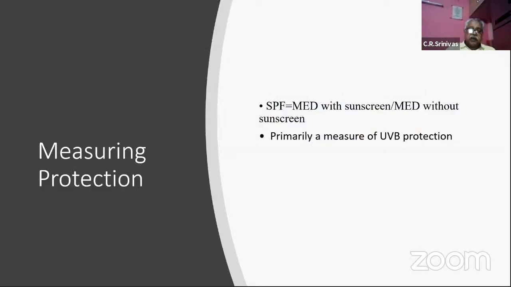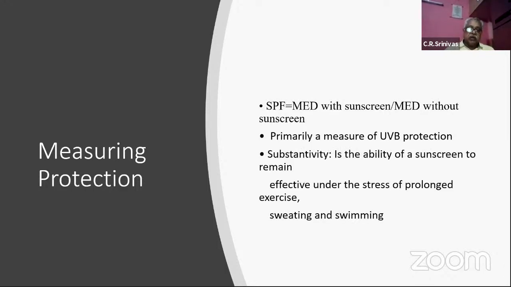We can measure the protection by sun protective factor, mostly for ultraviolet B. That means a person is exposed to ultraviolet B, the whole spectrum of ultraviolet B, to find out the minimal erythema dose, then applies sunscreen, and then finds out the minimal erythema dose again. The ratio will tell them. Then make him take a bath in the swimming pool and then try to find out. That will tell you whether it is washproof or not.